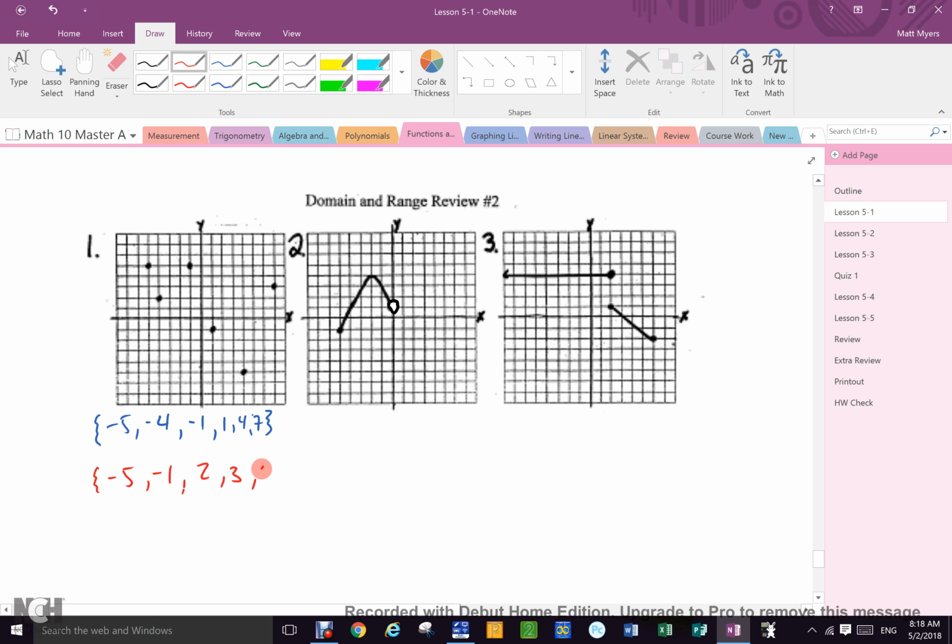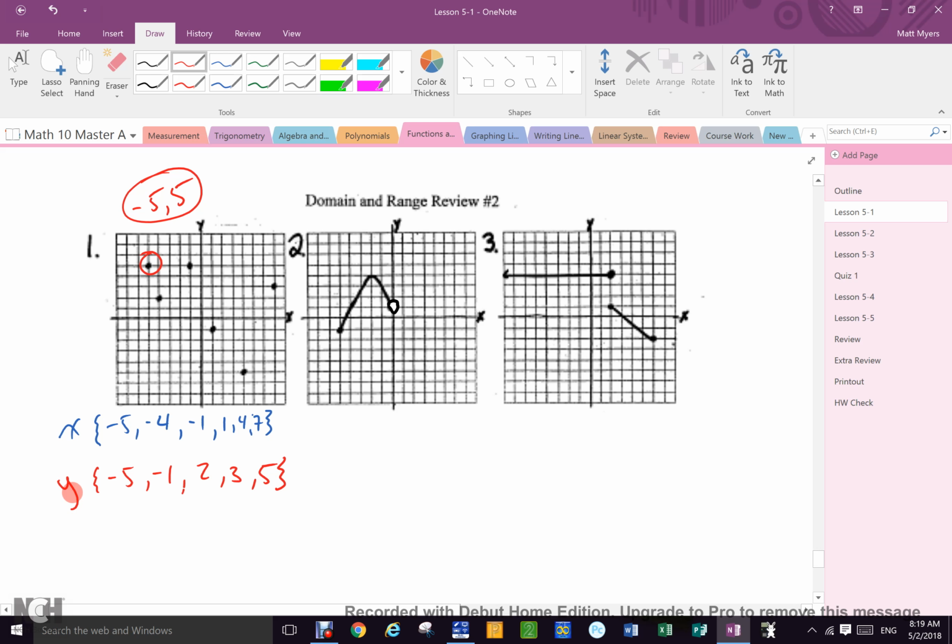3, and 5. Now, a mistake that my students often make, because I spend so much time talking about ordered pairs, right? X comma y, and that this point right here, for example, is -5, 5, right? You're all very good at this because you did a lot of this in grade 9. And most of you are figuring out domain and range. These are the x's and these are the y's.